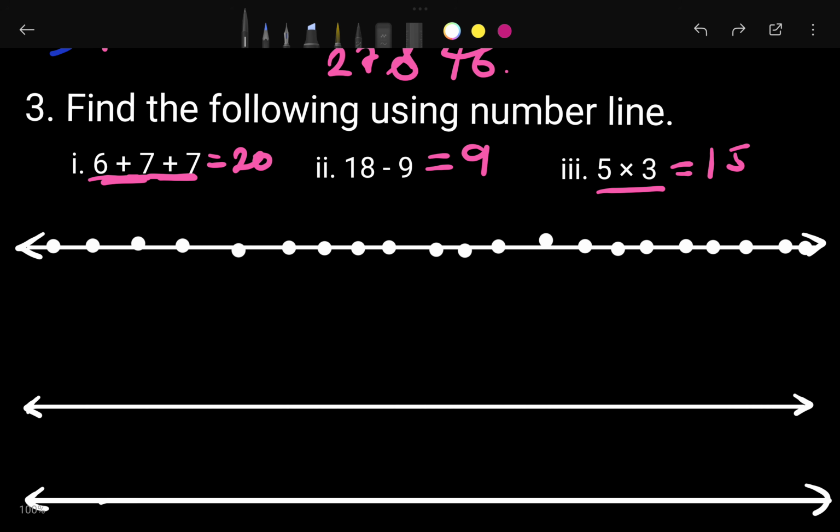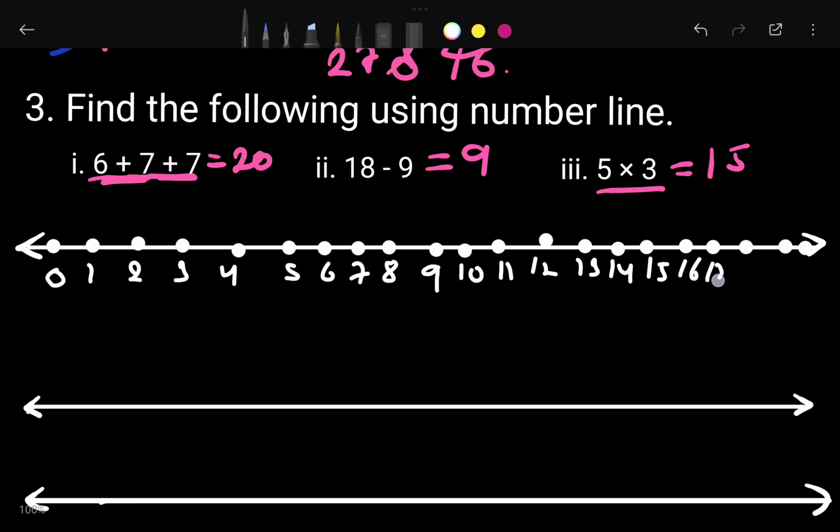This is your 0, this is 1, this is 2, 3, 4, 5, 6, 7, 8, 9, 10, 11, 12, 13, 14, 15, 16, 17, 18, 19, and that's the 20. 20 is this point.